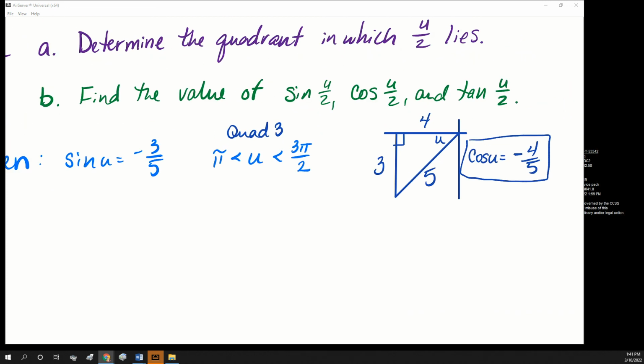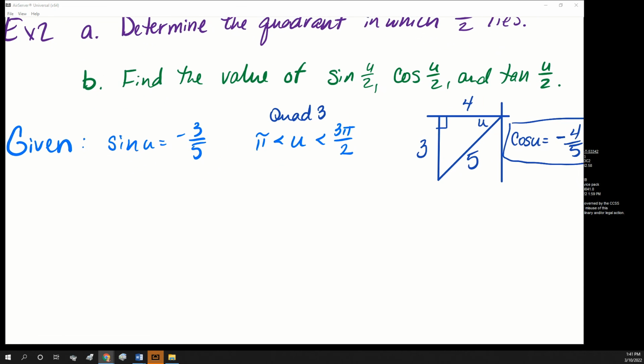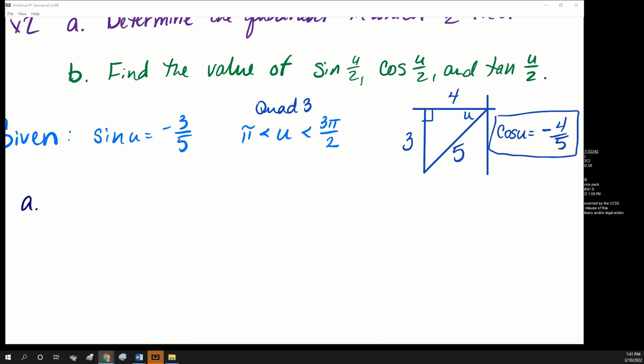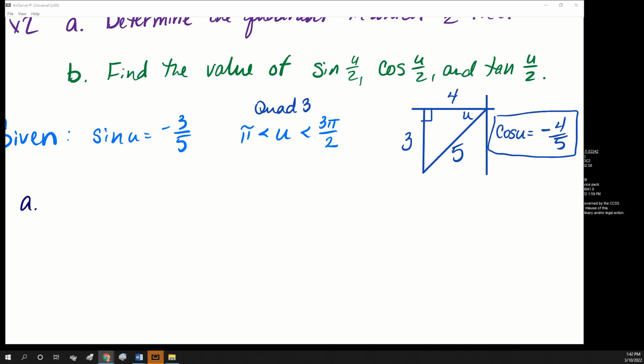Okay, so the A part, we're going to determine the quadrant that u over 2 lies in. So what I would do is just pick an angle that's between 180 degrees and 270 degrees. So like you could pick 200 degrees.